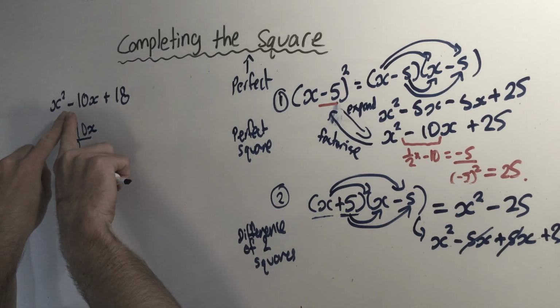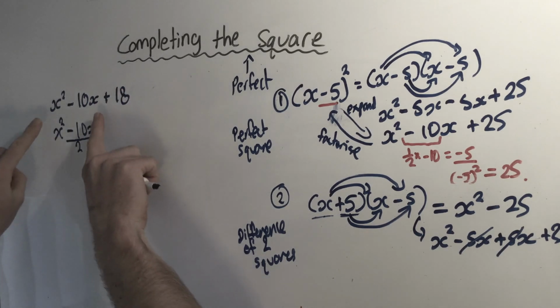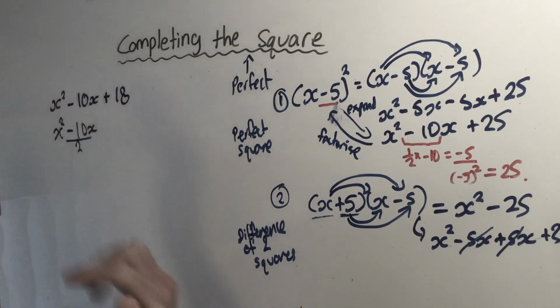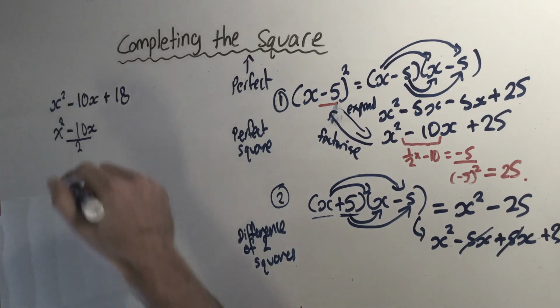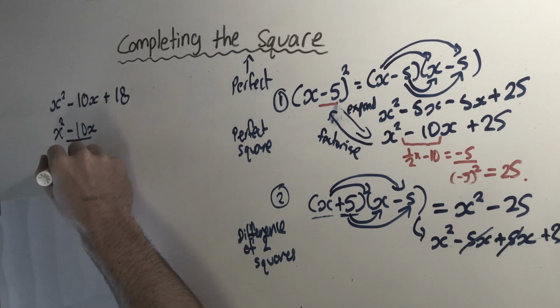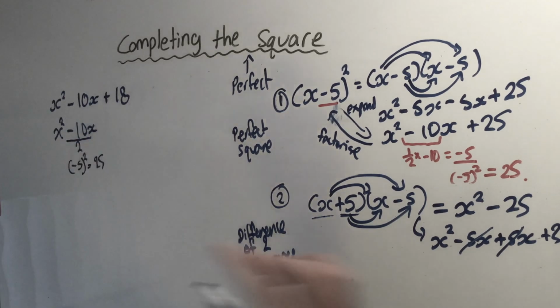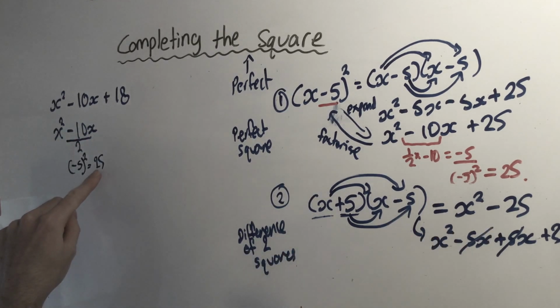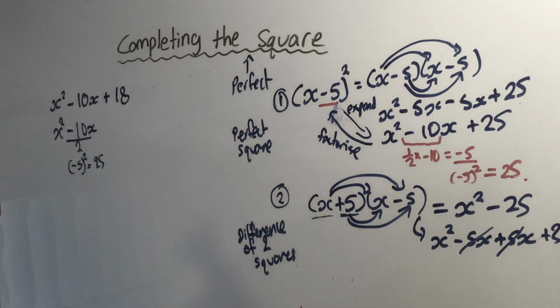Always make sure that these are in this order, the x squared, the x, and the number, in that order. I would just want to look at the x squared and the x to start off with. Because I know half of that middle number, minus 10, is minus 5. If I square that, I get 25, just like we showed you before. That has given you the number that is required to put those three terms into a perfect square.